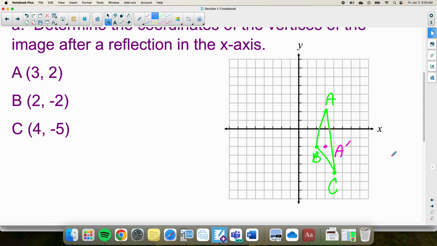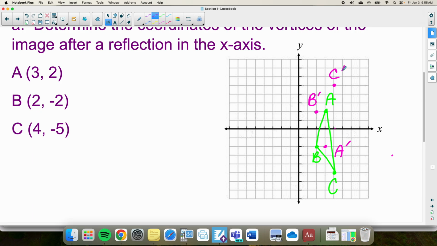That means I would move it 2 spaces above, and that would be my new B coordinate, which I'm gonna call B prime. Okay? And then I have my C, and C right now is 1, 2, 3, 4, 5 units below. So then we're gonna go 1, 2, 3, 4, 5 units above.